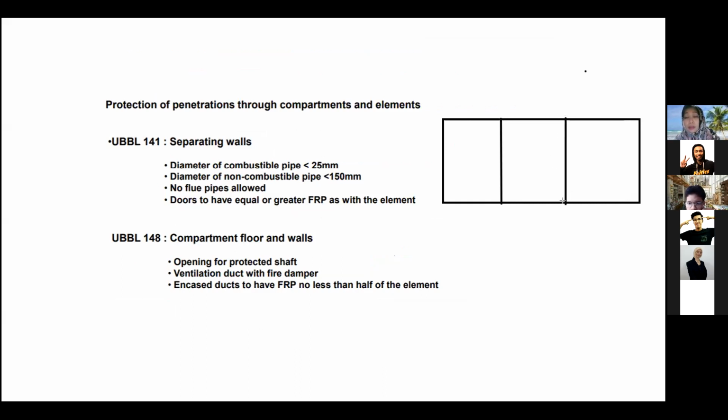We have to separate. This is what the architect suggests, to separate here and make a wall. So you need to refer to UBBL 141 and 148 regarding compartments, floors and walls. Very basic thing.